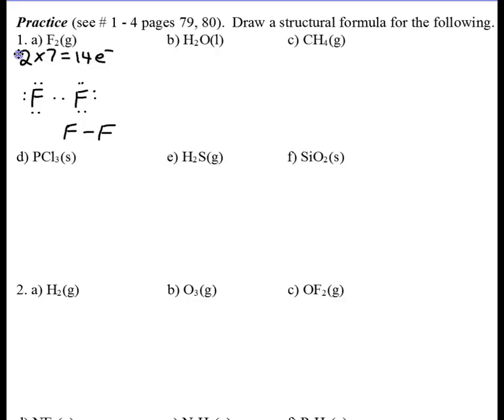That method, in some cases, isn't necessary. What I would do, rather, is I would start with the Lewis symbol for both elements and just look for, using the bonding capacity, a quick way of sharing the electrons to achieve full octet. Let's say, for example, we apply that method for hydrogen and oxygen. Now, hydrogen has a bonding capacity of 1, and oxygen has a bonding capacity of 2.